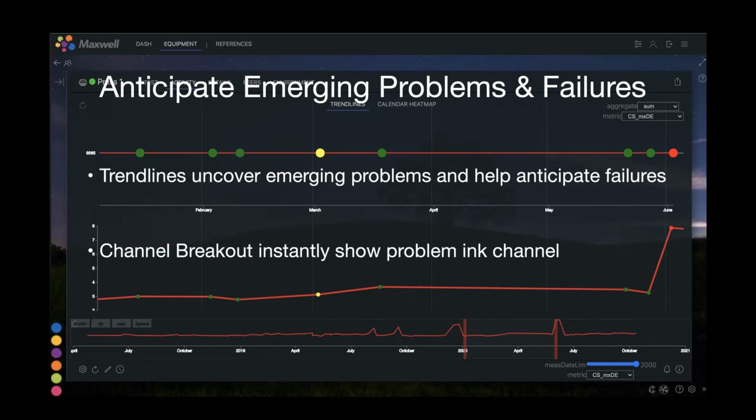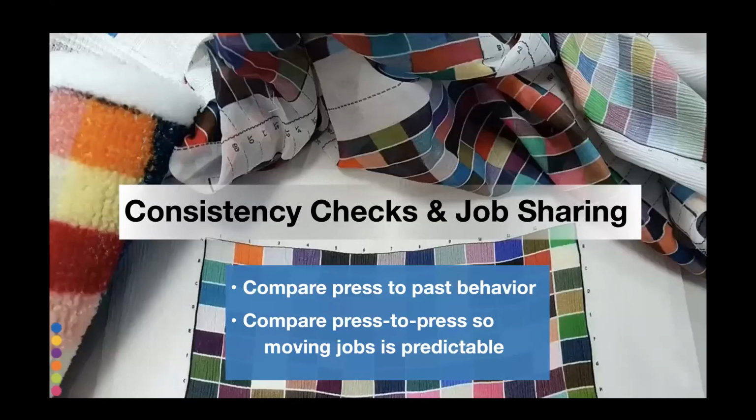It's also very nice to have comparisons between the current behavior of a press and the past behavior. From a diagnostic perspective, you can get a feeling, because sometimes a support person won't necessarily be that familiar with just how that particular output device works on the media and that sort of thing.